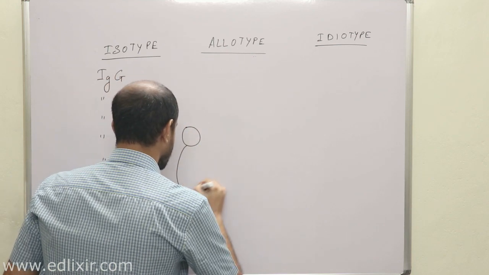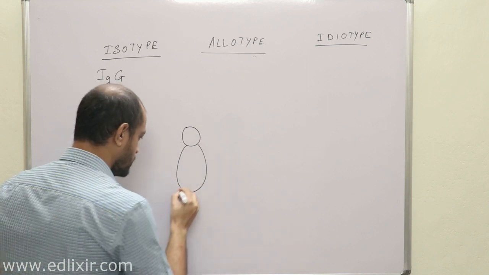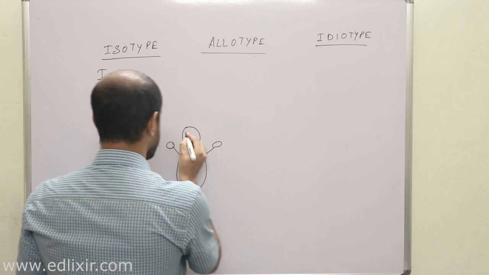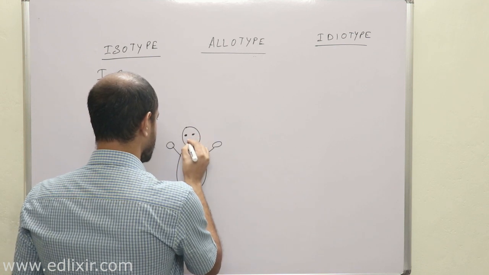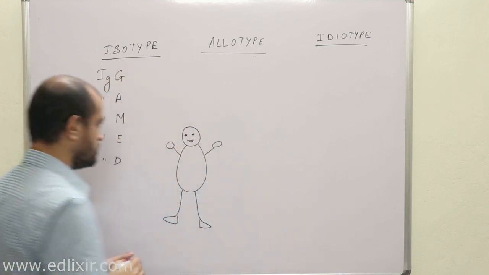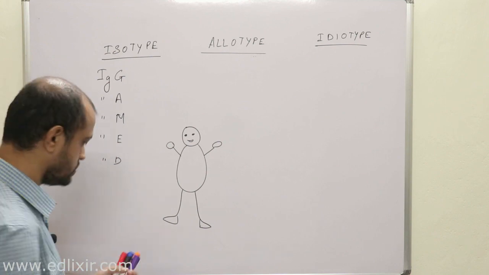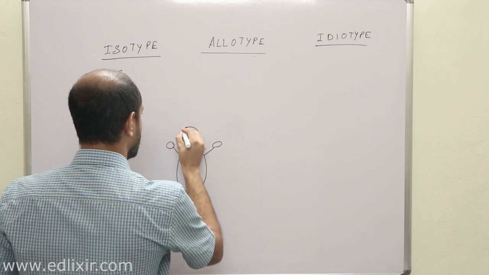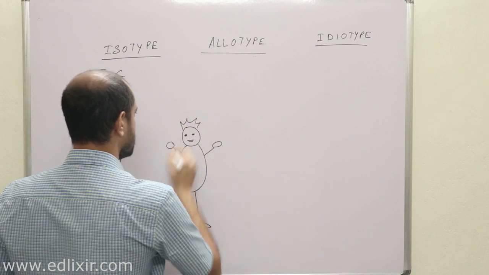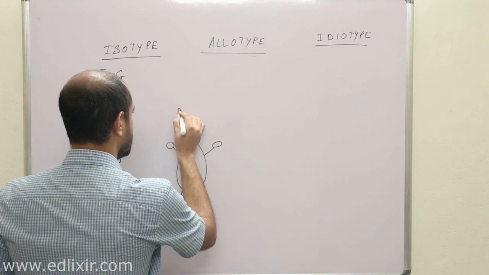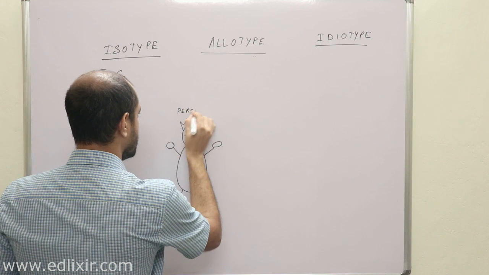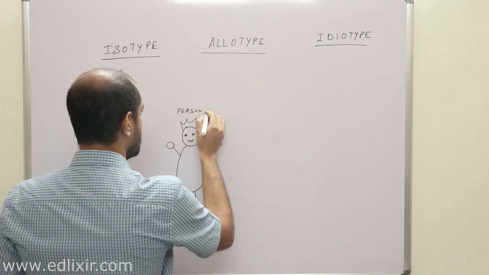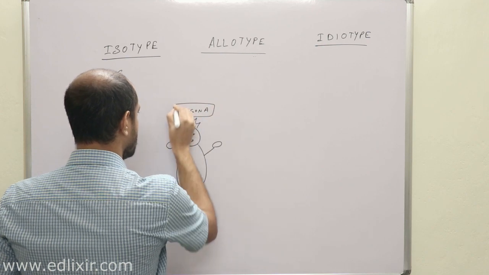Suppose this is a human. Yes, I am drawing this because Black Lives Matter, therefore I am drawing it with black. So this is, suppose, person number 1 having crazy hair, unlike me. Clear? So this is person A, suppose.